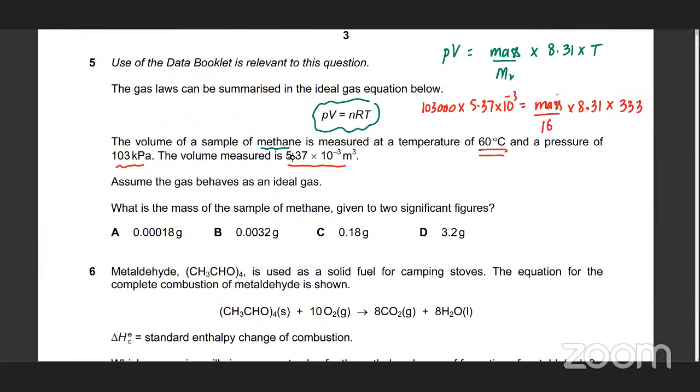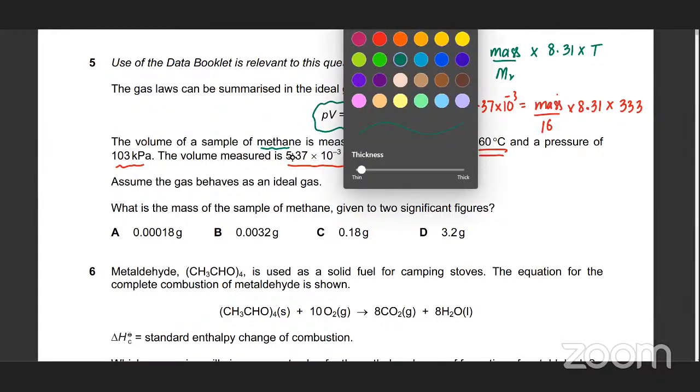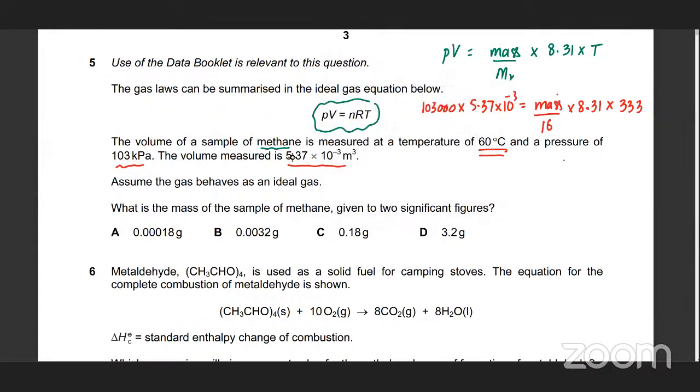Can anyone do the math and tell me what is the mass of the sample of methane? What are we getting? Zaib, are you doing this?